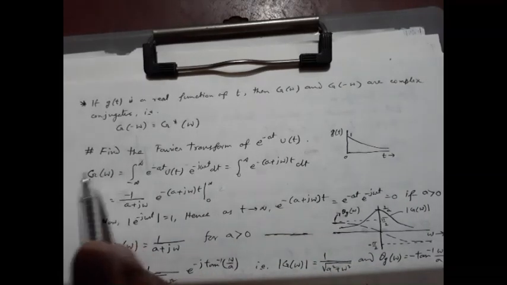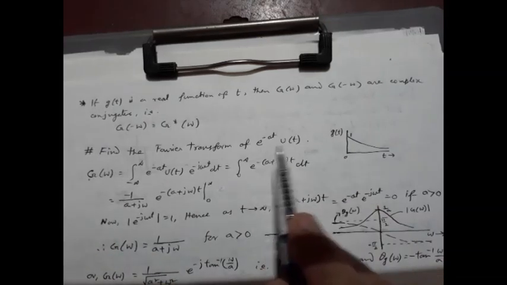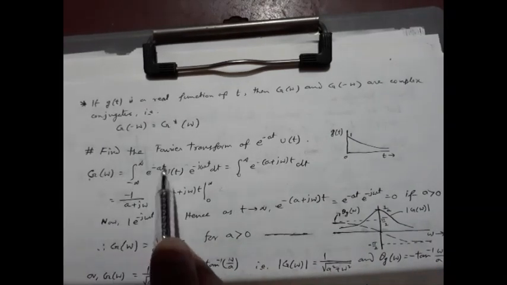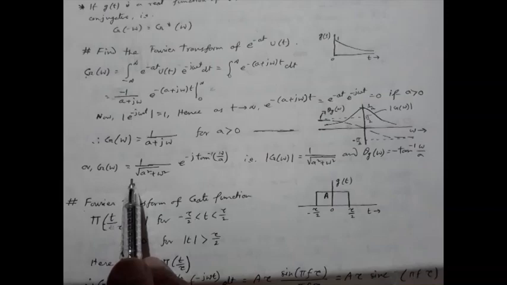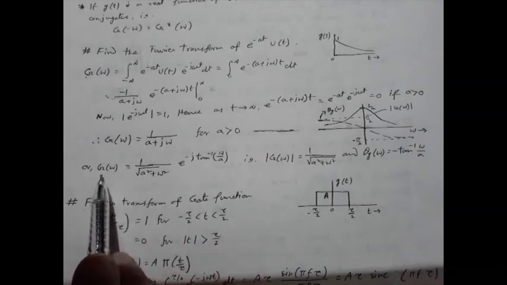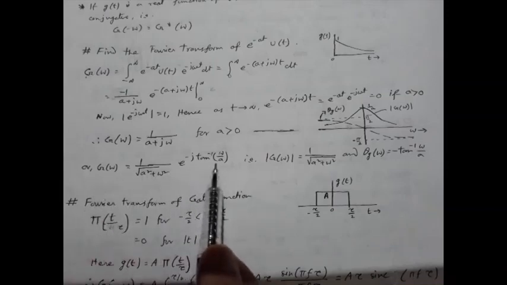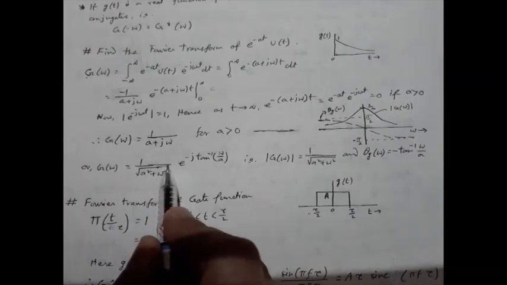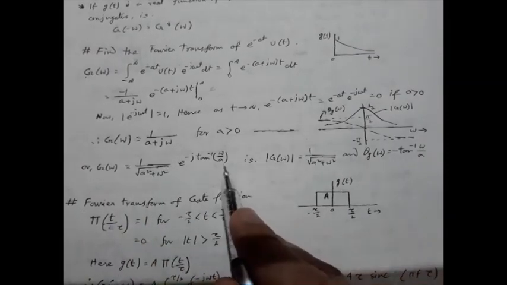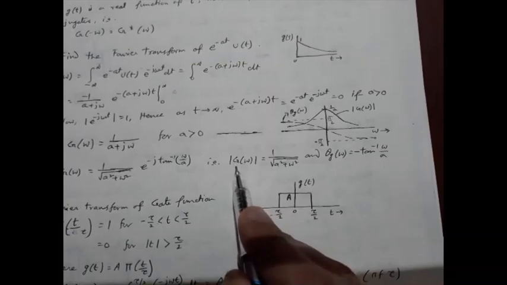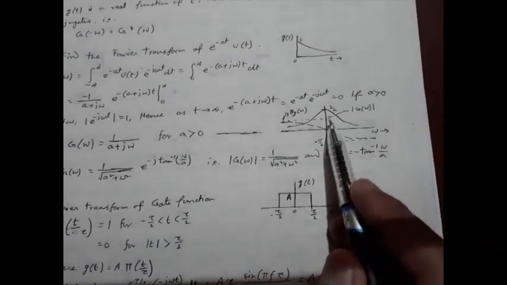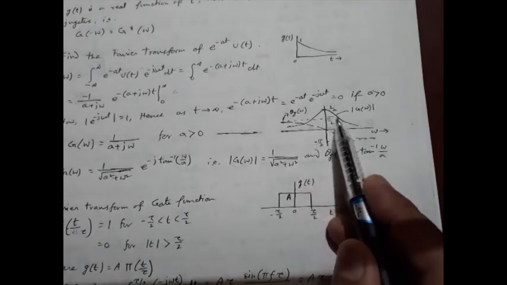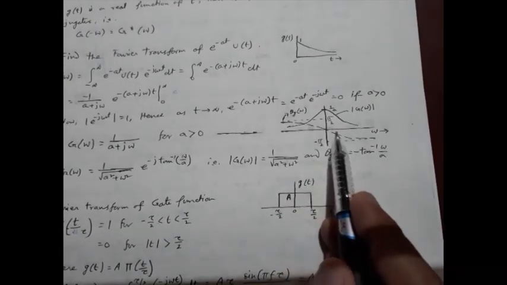So g(t) is this, then for the corresponding G(omega), you can use the previous notation for determination of the Fourier transform, and the expression will be like this. So we can divide this G(omega) into its magnitude part and phase part. The corresponding plot is this: magnitude plot is this, and phase plot is this.